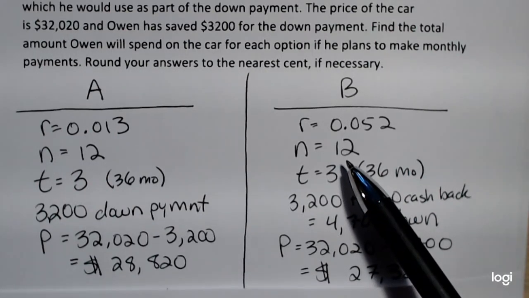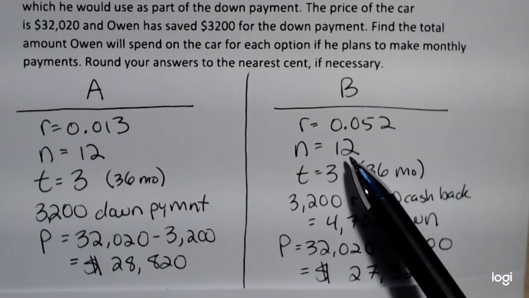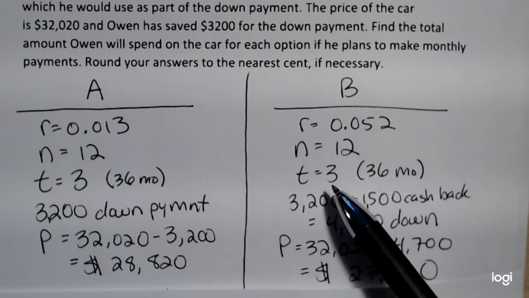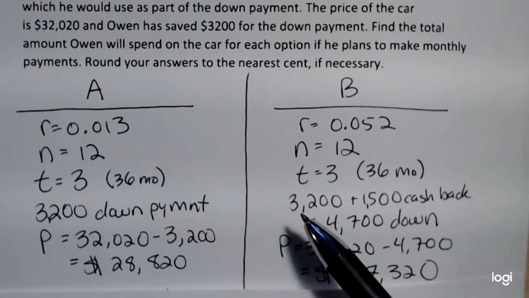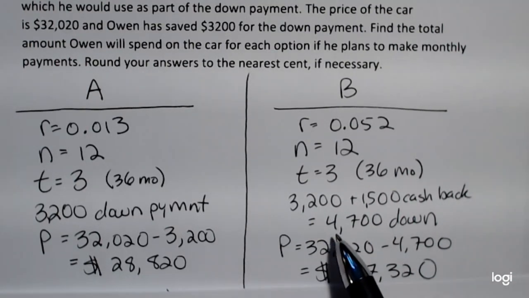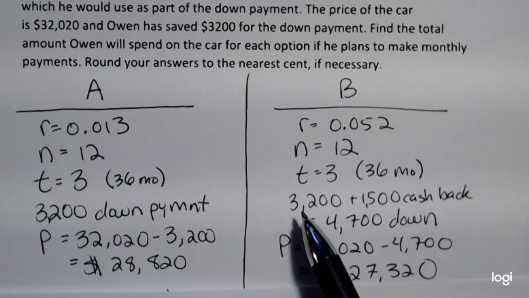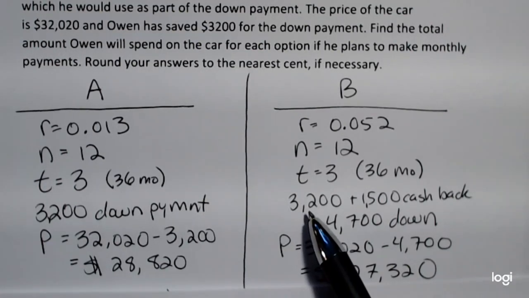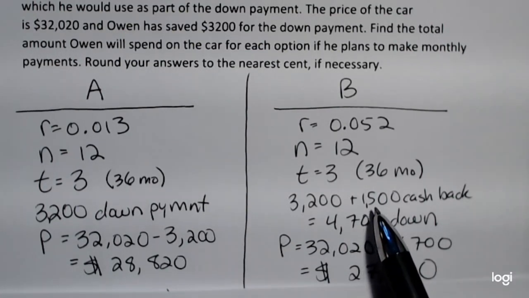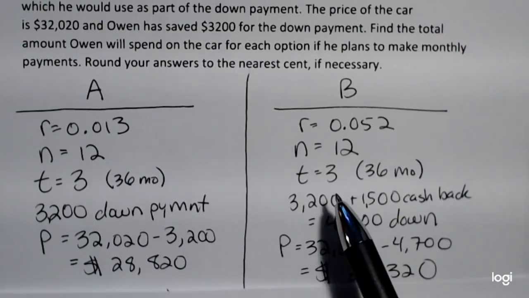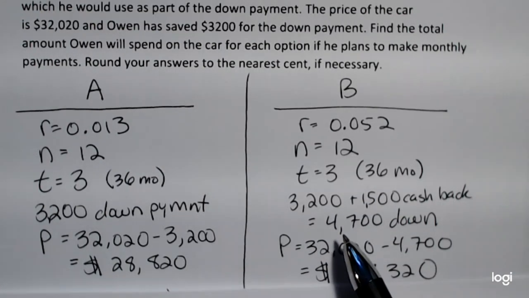For option B, the interest rate as a decimal is 0.052. N is 12, the number of payments per year. T is time in years. And the down payment is a little bit greater under option B. It has the $3,200 he saved, but this one has a $1,500 cash back, which he can apply to the down payment. So combining those, his down payment will be $4,700.